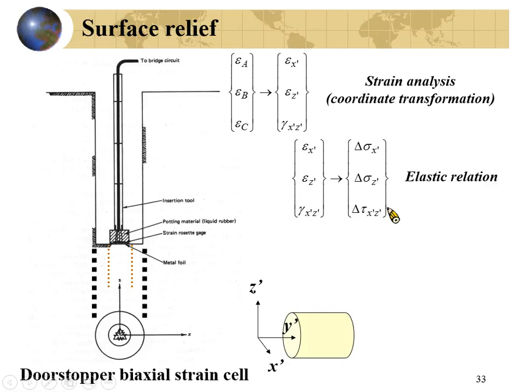Usually when you load, you could have an elastic strain and plastic strain. When you unload it, you will only have the elastic strain recovery. So we can use the elastic relation to derive the released stress.